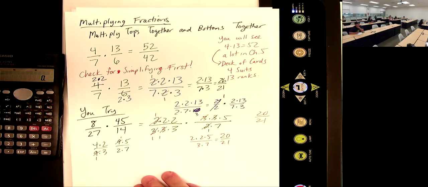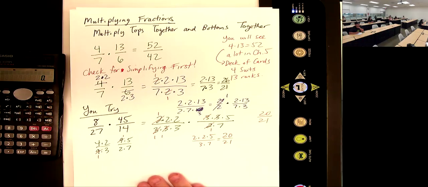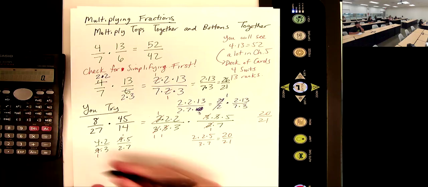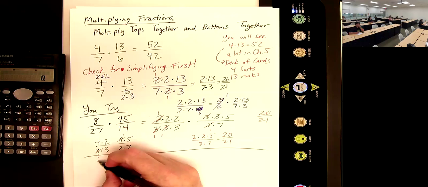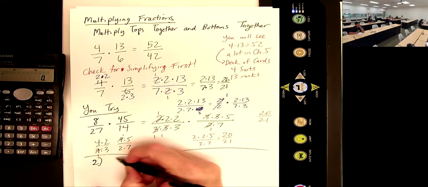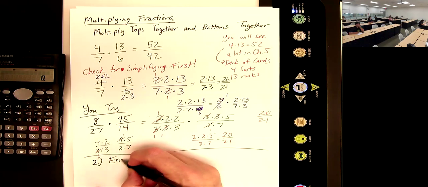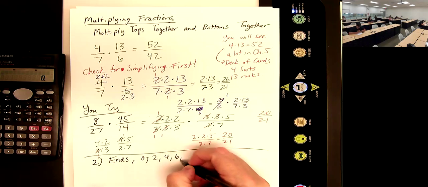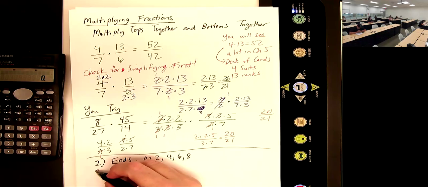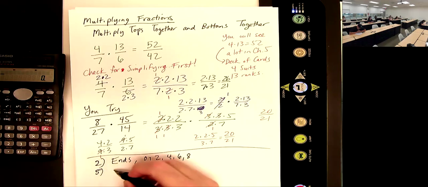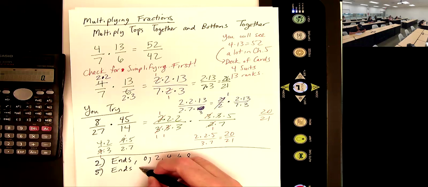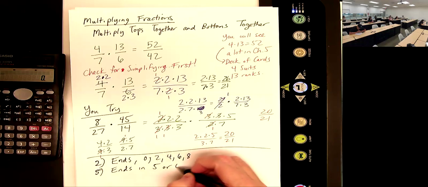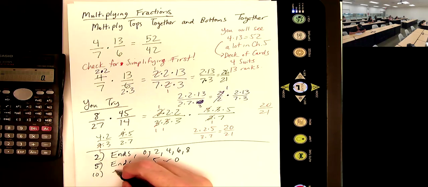While you're practicing it up, check the whole number. Does it divide by 2? It ends in 0, 2, 4, 6, or 8. If it's 5, it ends in 5 or 0. 10 ends in 0.